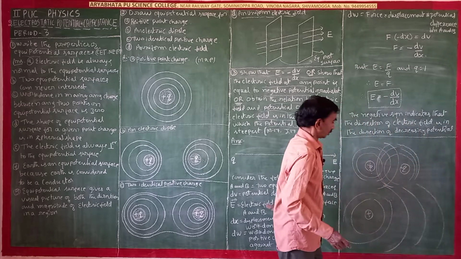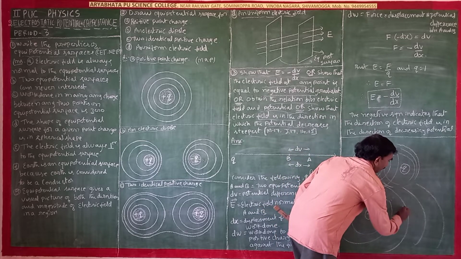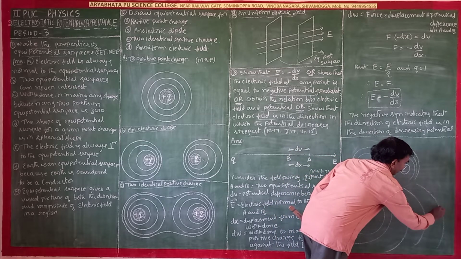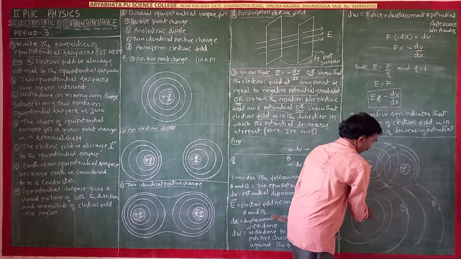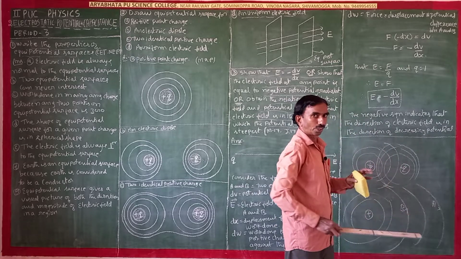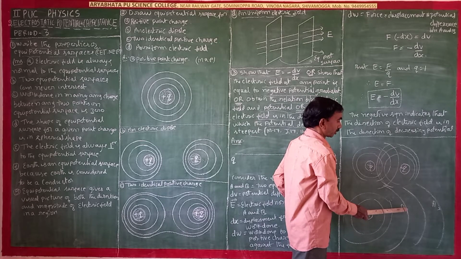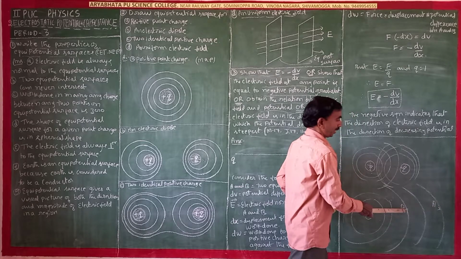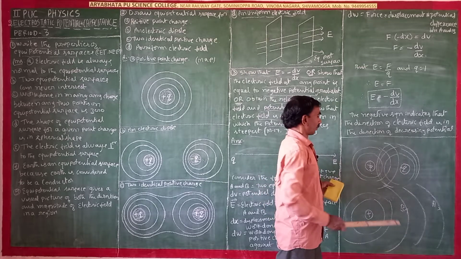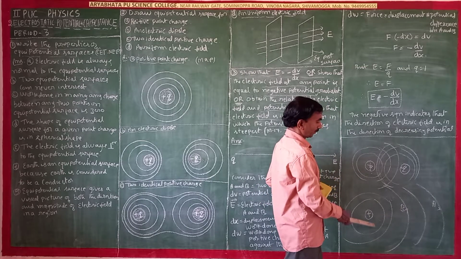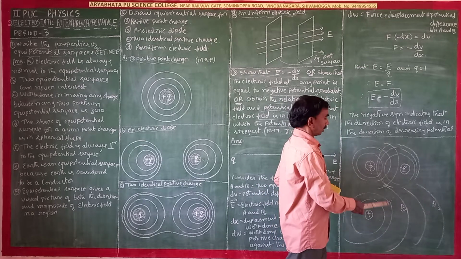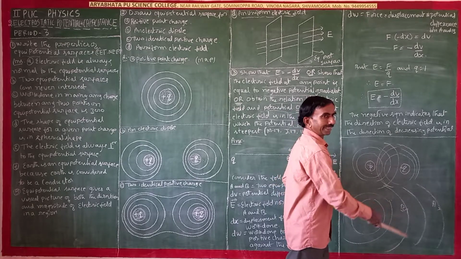This is point A and this is point B. The work done in moving another charge from B to A or A to B is 0, because on an equipotential surface the potential is the same everywhere.